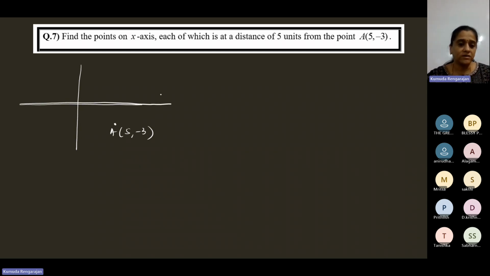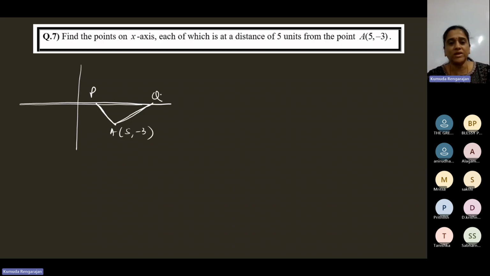You need to find the address of the points P and Q lying on the x-axis, because it's given you find the points on the x-axis, which are at equal distance from this point A.